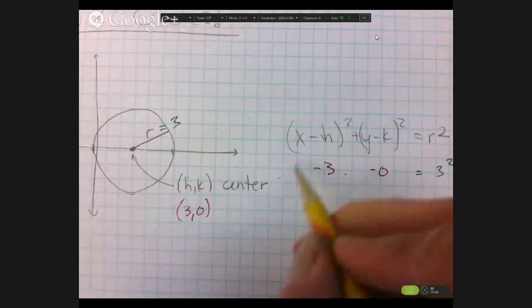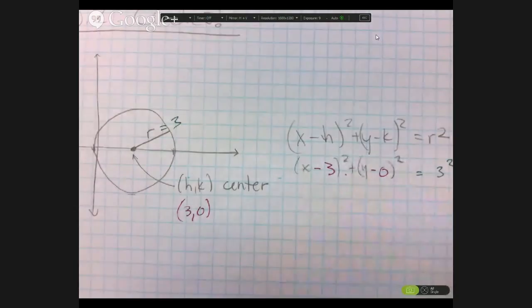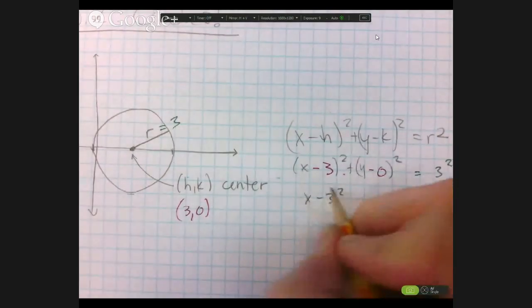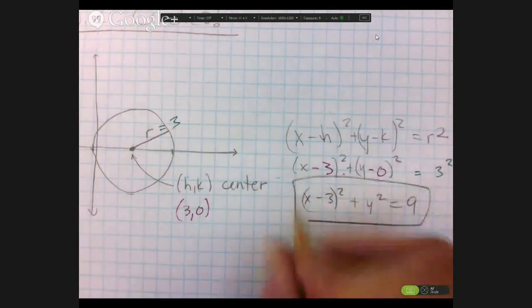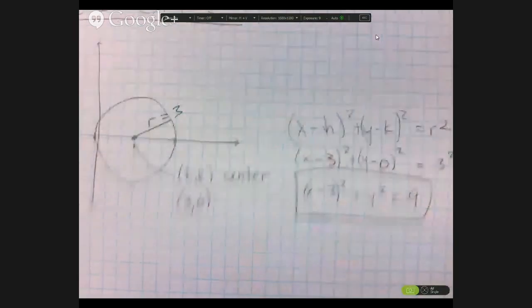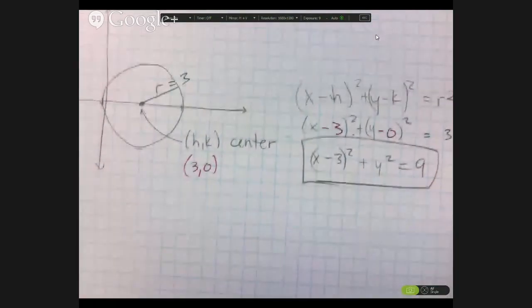So we have x minus 3 squared plus y squared equals 9. That's how you would write your equation. We'll call it standard form. Straightforward, easy.